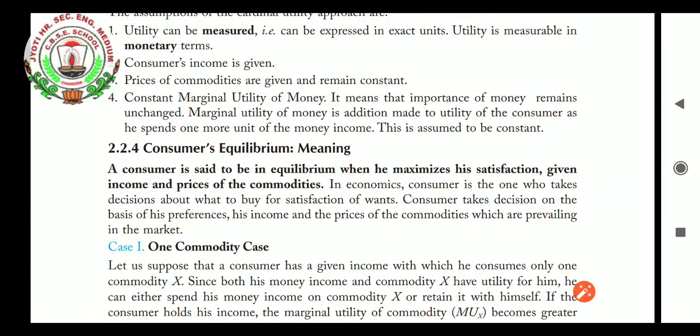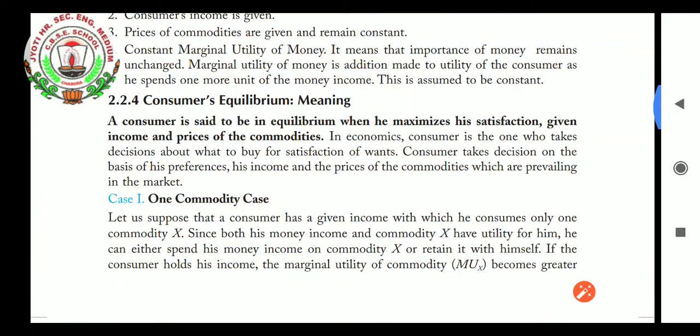So a consumer is said to be in equilibrium when he maximizes his satisfaction with the given income and prices of the commodities. Then only we can say consumer equilibrium. In economics, the consumer is the one who takes decisions about what to buy for satisfaction of wants. The consumer takes decisions on the basis of his preferences, his income, and the prices of the commodities which are prevailing in the market.